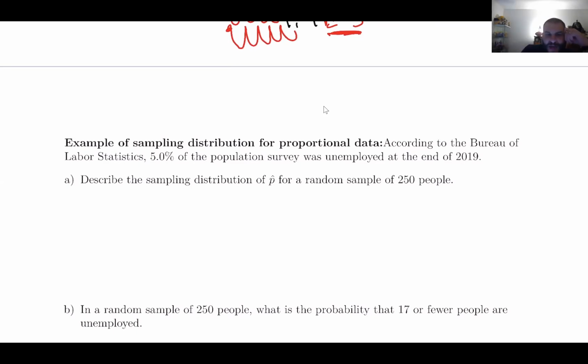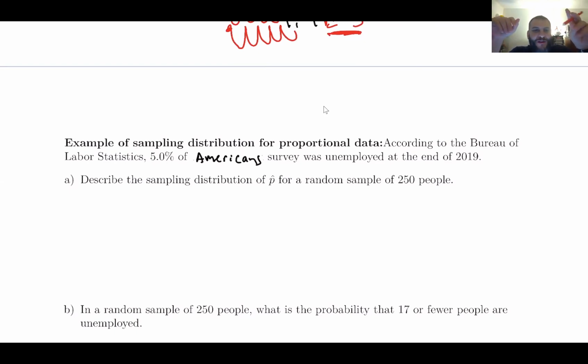All right, so for this one, I'm gonna make a modification. Instead of putting "of the population," we're gonna change that to "of Americans."